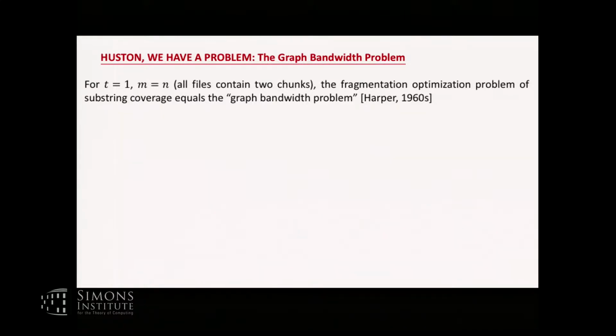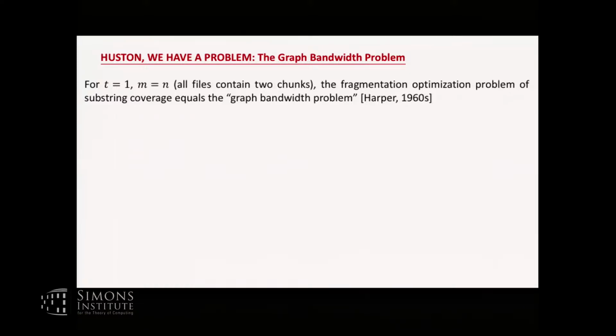They're normalized with their length, and then you try to find a placement of the chunks that minimizes that maximum spread. So that for t equal to 1, when I have only one edge, when my file contains only 2 data chunks, that problem actually is equivalent to the graph bandwidth problem.